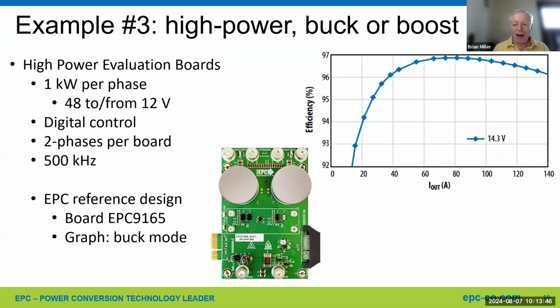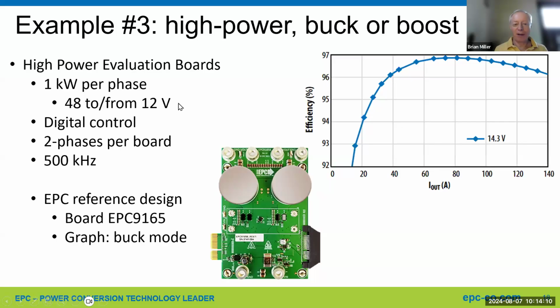A lot of people ask about high current, whether for automotive, whether for industrial or so forth, large currents in a relatively small area, but also efficient. So EPC has a series of boards, taking one of them, many of them very similar. This one, what they do is they do 1 kilowatt per phase when going from 48 to or from 12 volts.